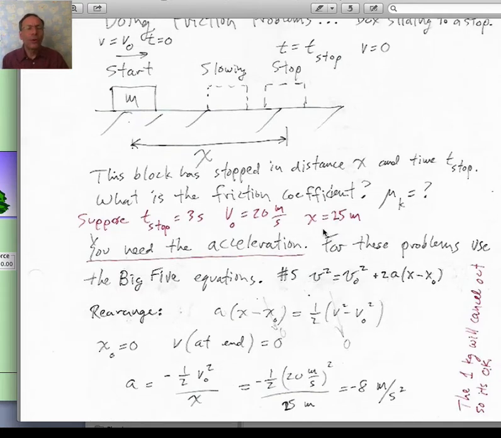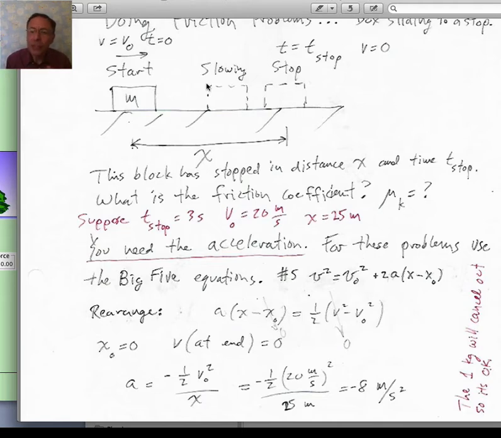Now, one simplifying thing about kinetic friction is that the friction is constant. It doesn't matter how fast you're moving, it's the same amount of friction. If it's the same amount of friction, the same amount of net force, then it's going to be the same acceleration. The acceleration is constant.